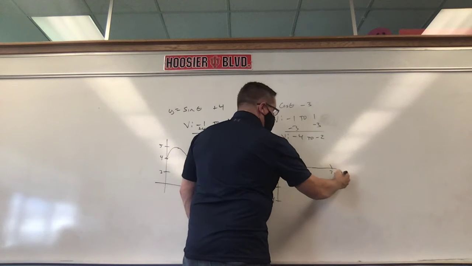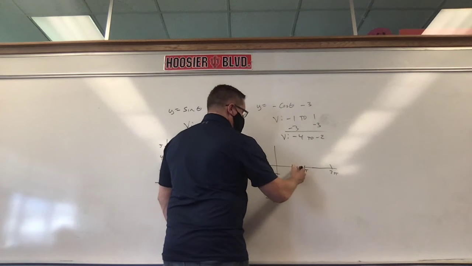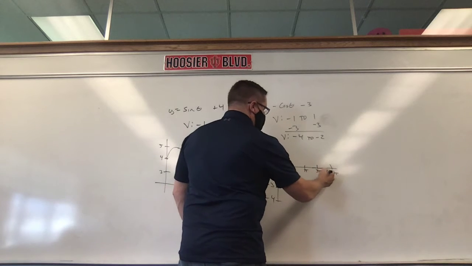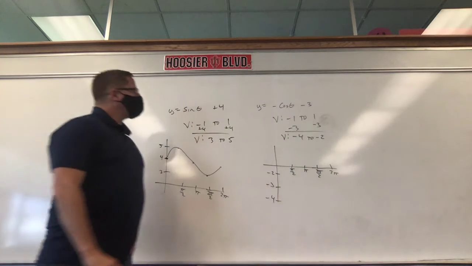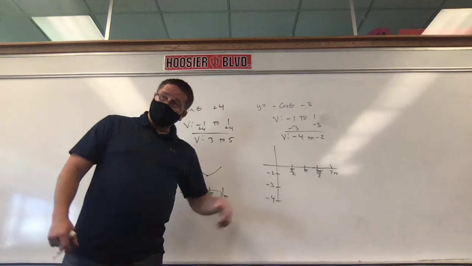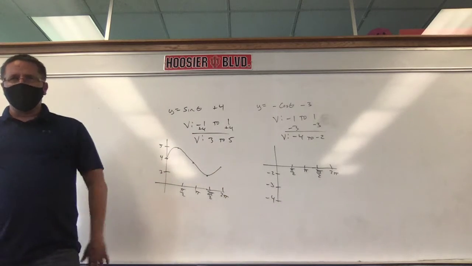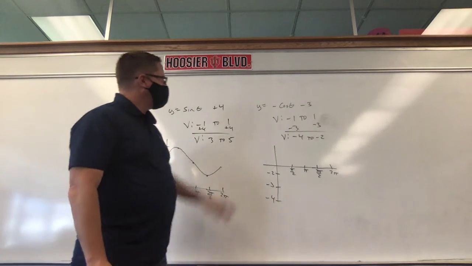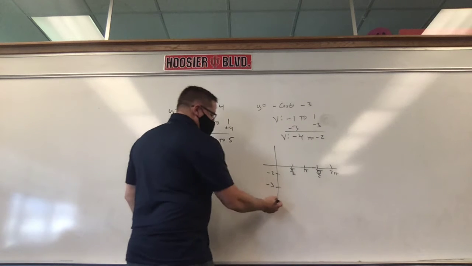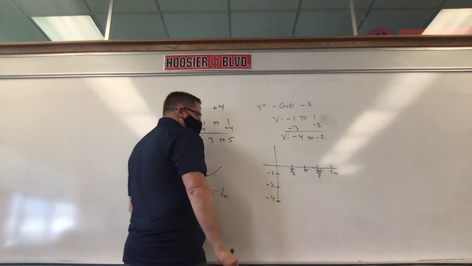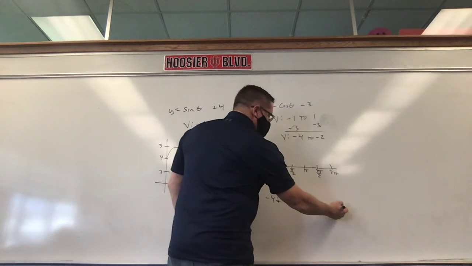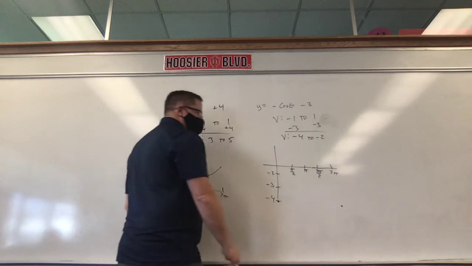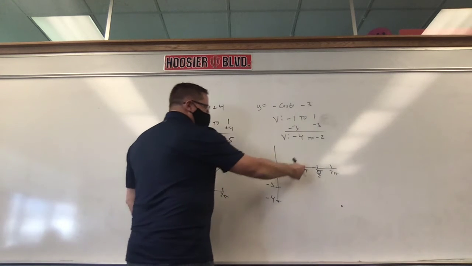We put 2 pi, pi over 2, 3 pi over 2. Does a cosine wave start right in the middle? No. Either high or low point. In this case, is it high or low? Negative means we start down here at -4. We're going to end at -4. Wherever we start, we have to stop. Where are we going to be at pi?